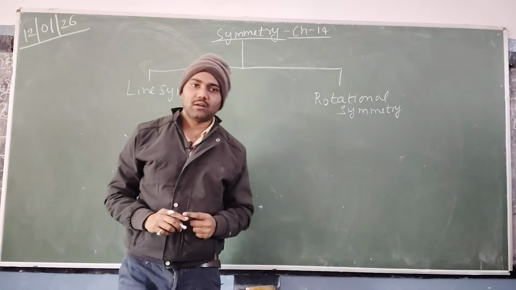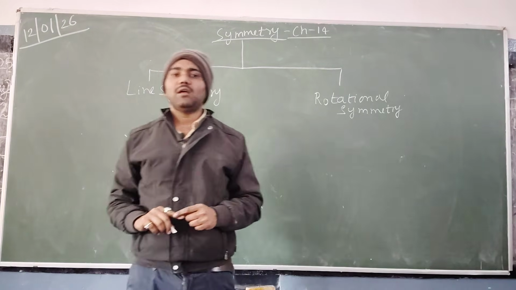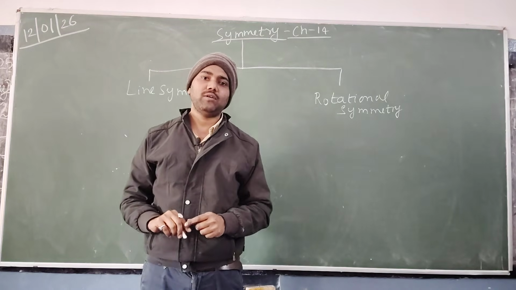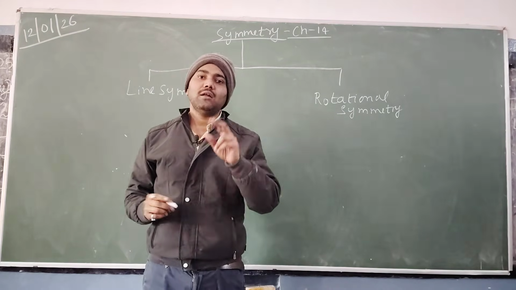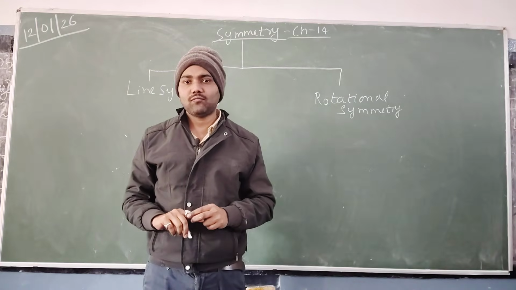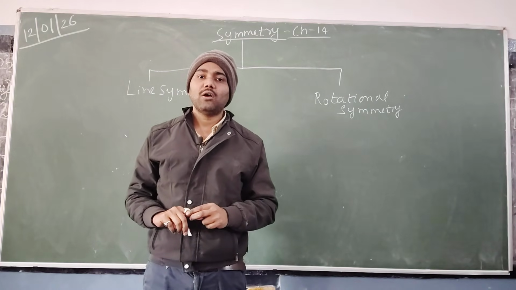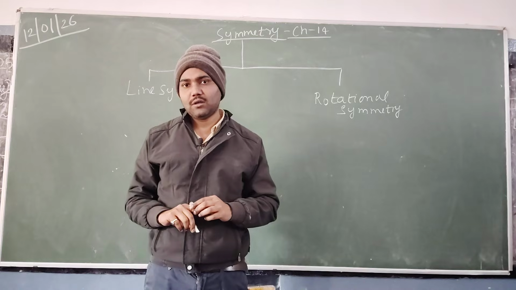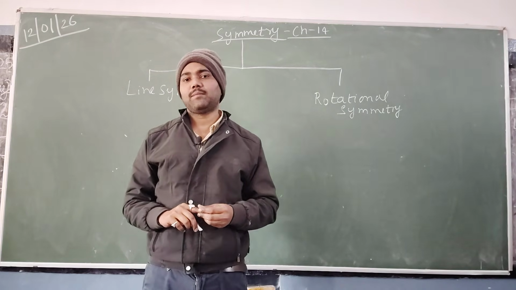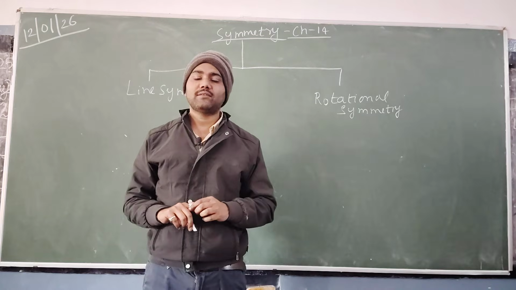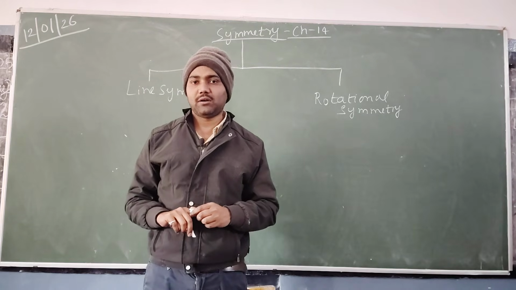What is line symmetry? Line symmetry means if we cut any figure by any line, then the two figures which we have, they both look coincidentally same. Understood? Then the figure is called symmetrical, and that line is called axis of symmetry or line of symmetry.